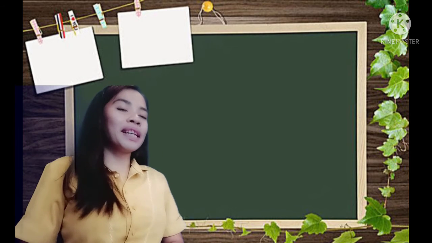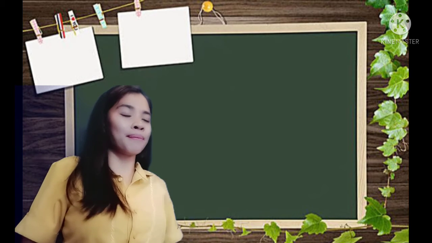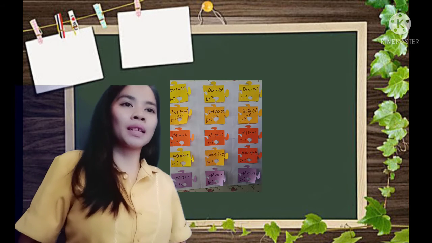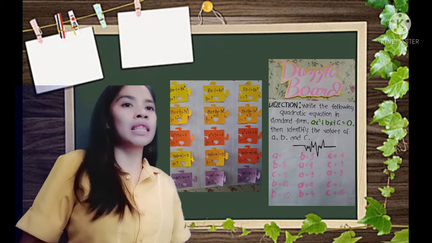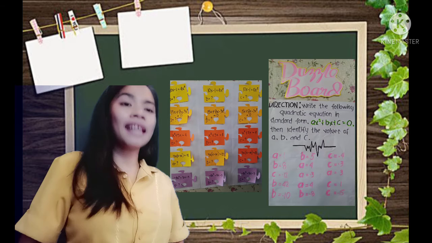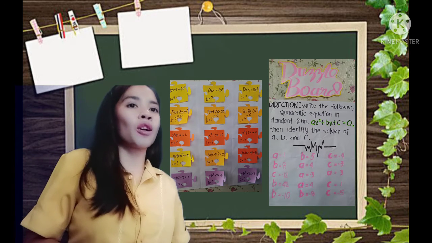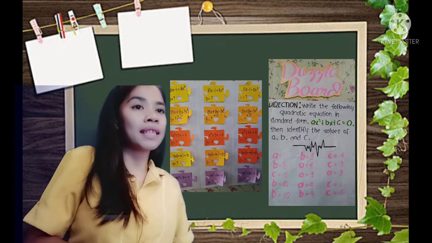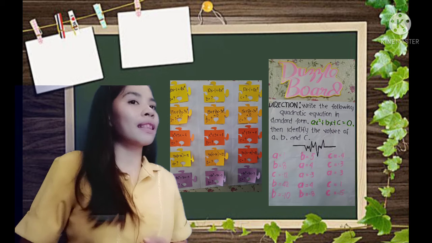Now, today you will have a group activity, and this activity is called Fit Me. I have here puzzle pieces and a puzzle board. The answers are written on the puzzle board, and the problems are on the puzzle pieces. All you need to do is solve the problems on each puzzle piece so it can fit in the puzzle board and complete the puzzle.